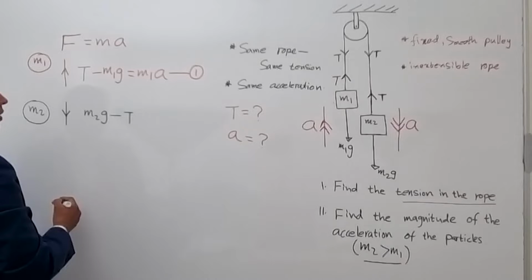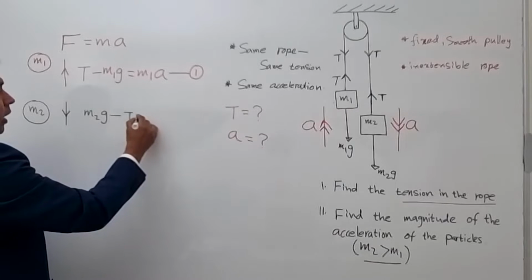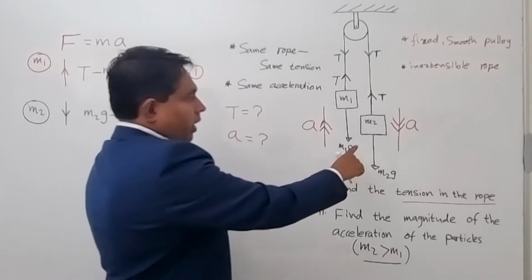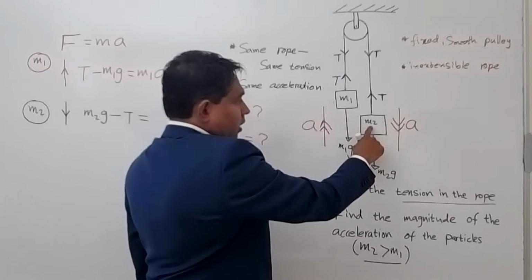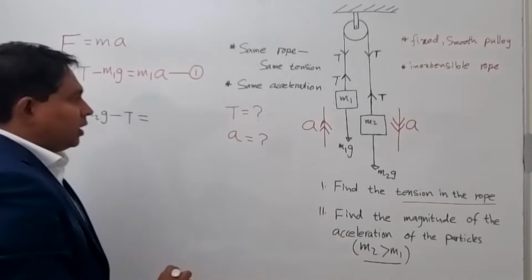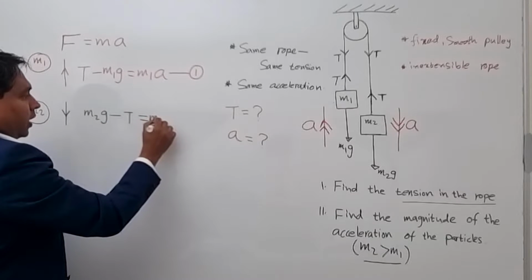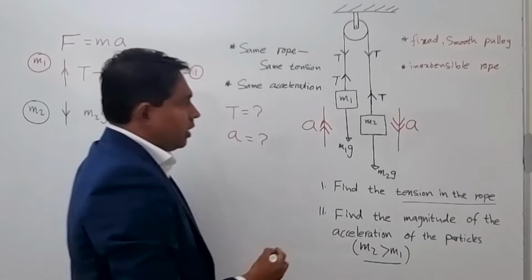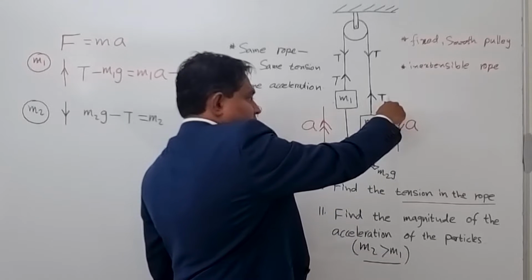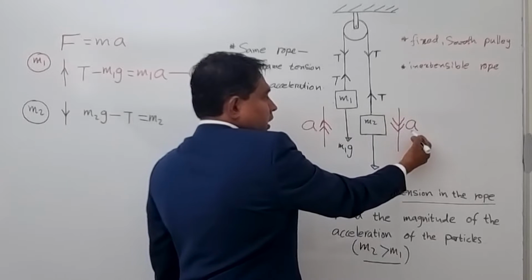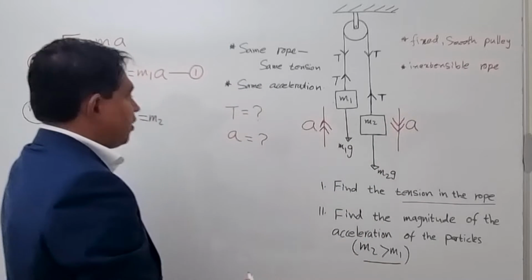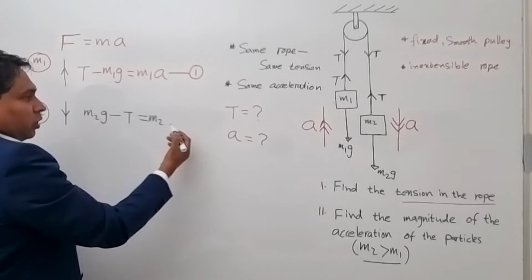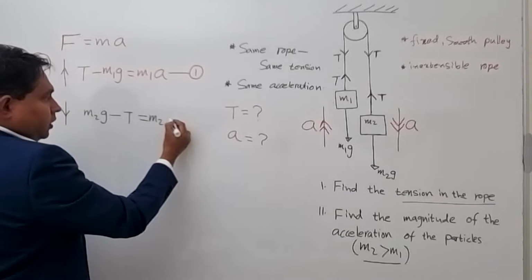I put minus T equal to, now m is the mass of the particle, and in this particle the mass is m2, right? So what is the acceleration? A is downward, it's simply A, and since we write the equation in the downward direction, we take positive A for acceleration.